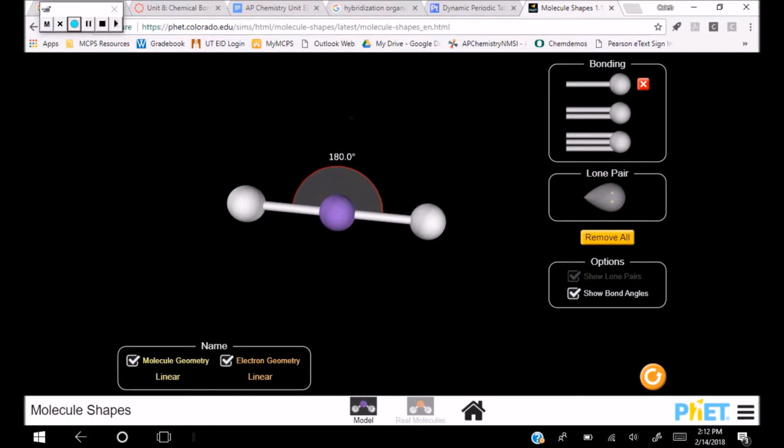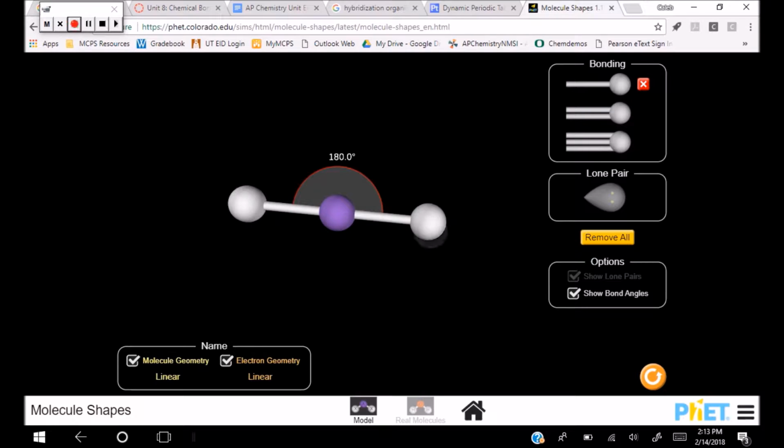So here's one that has two bonding groups. It has two atoms attached to the central atom, and there are no lone pairs on the central atom. When we have only two things attached to our central atom, they want to move as far away from each other as possible. The furthest possible distance they can move away is 180 degrees from each other.